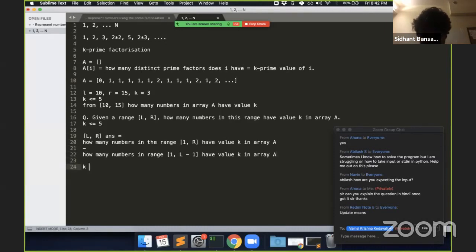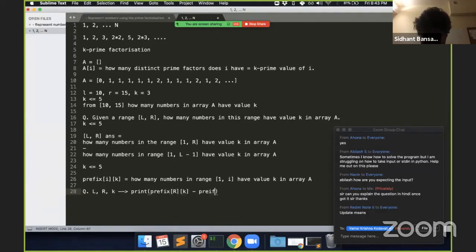And you know that the value of k is at most 5. So for each value k, you have a prefix array, where prefix[i][k] denotes how many numbers in the range 1 to i have value k in array A. Let's say you have created this prefix array. Then answering is simple. If the query L, R, k comes, you can simply print prefix[R][k] minus prefix[L minus 1][k].